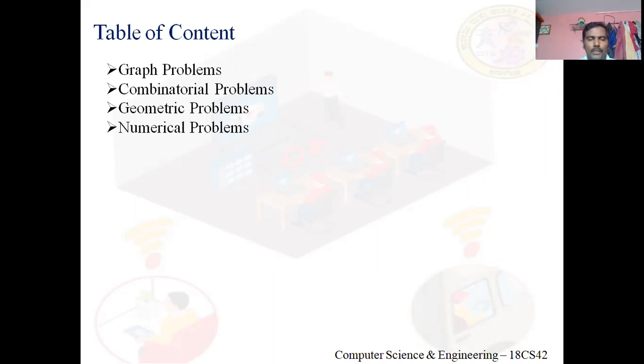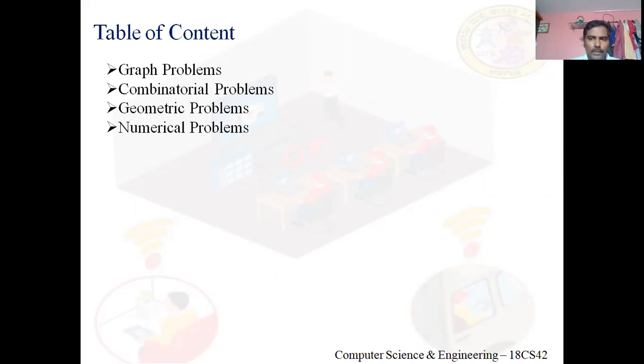Got it? Because that's the base for graph problems. Next, combinatorial problems. Again, you studied in your previous academic semester. The same knowledge you should have here in order to design an algorithm to solve problems of permutations and combinations. Clear? Then we'll have a look at geometric problems. At the last, we'll have a look at numerical problems.